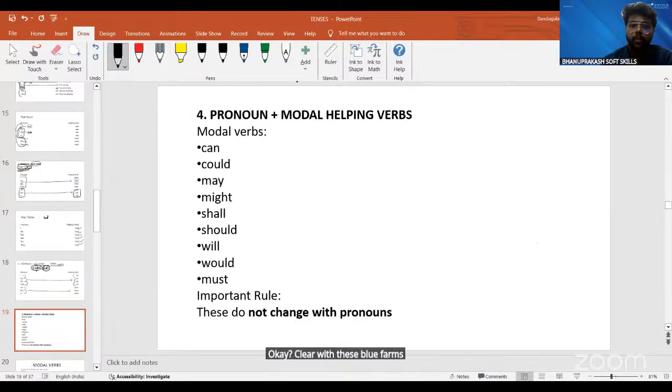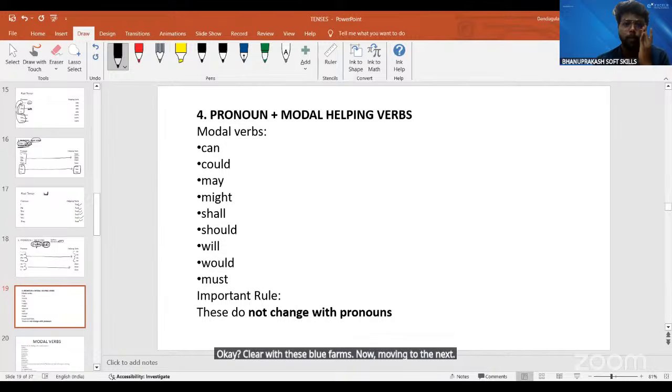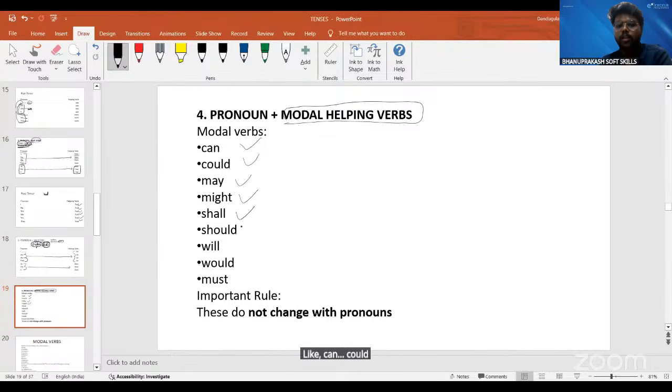Now, moving to the next helping verbs, which are modal helping verbs. Like can, could, may, might, shall, should, will, would, must. All these are modal verbs. So the rule here is these do not change with pronouns.